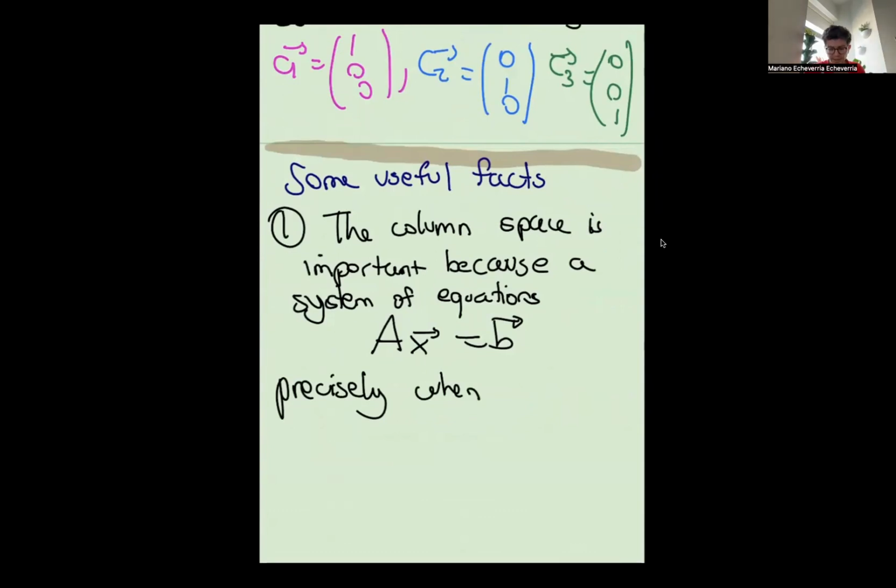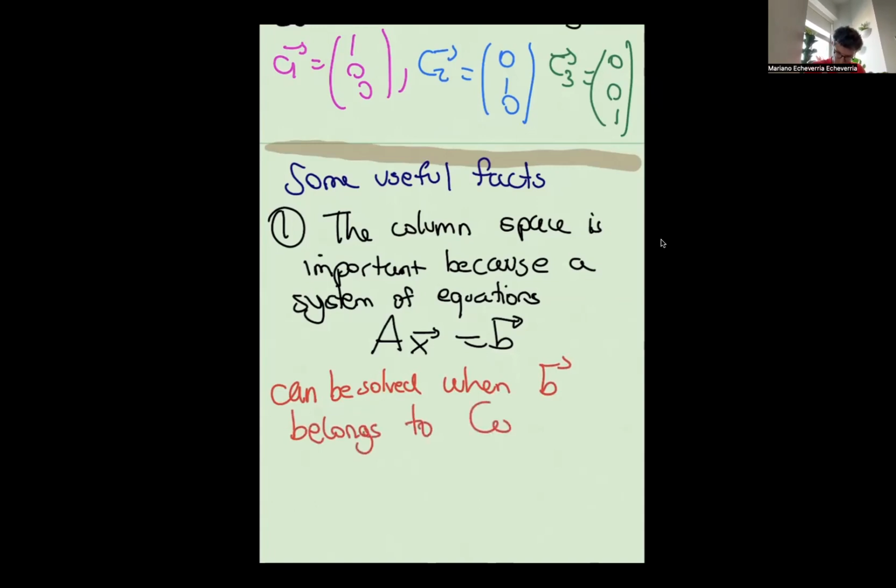So a system of equations can be solved precisely when b belongs to the column space. That's a useful way to characterize systems of equations.